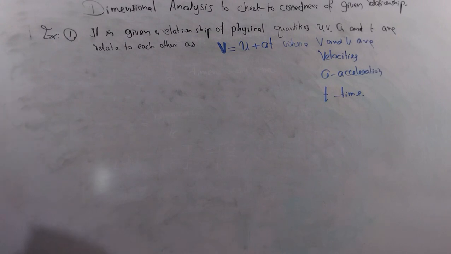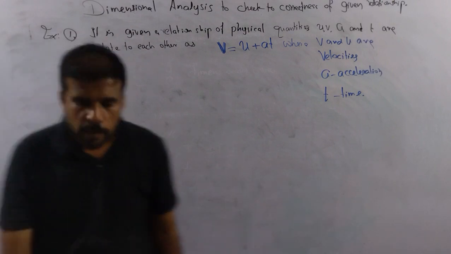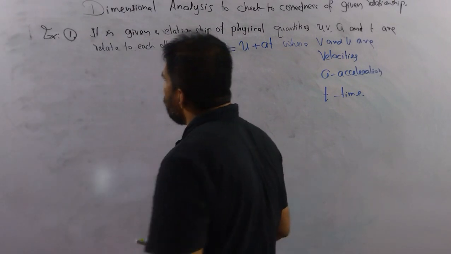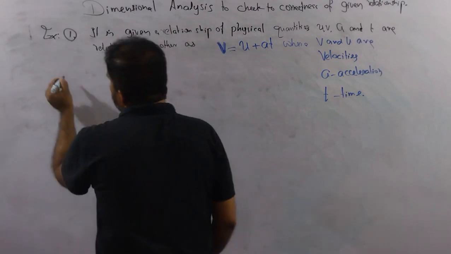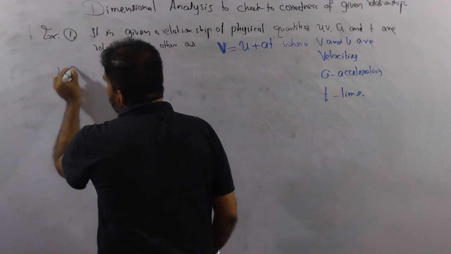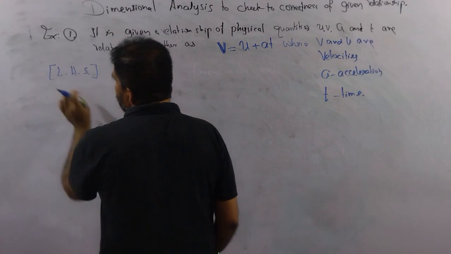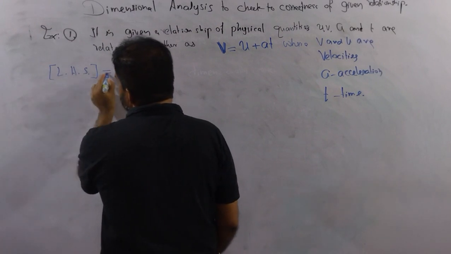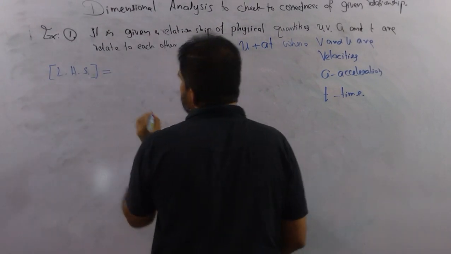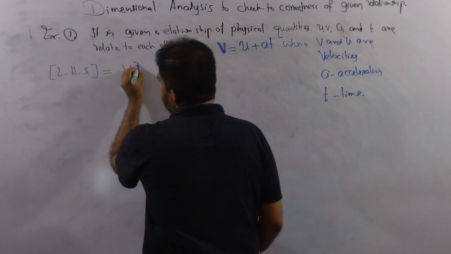So first, the dimensions of the left hand side equal the dimension of V.